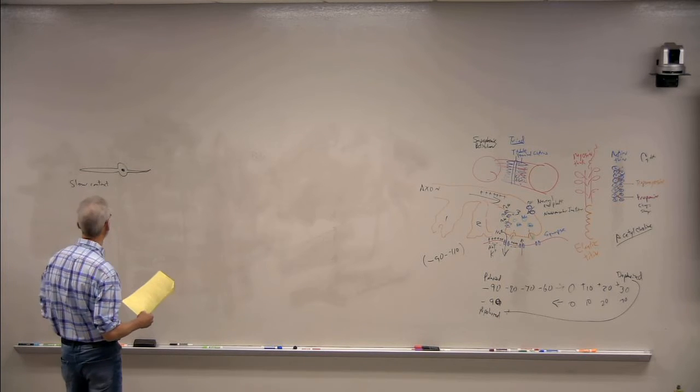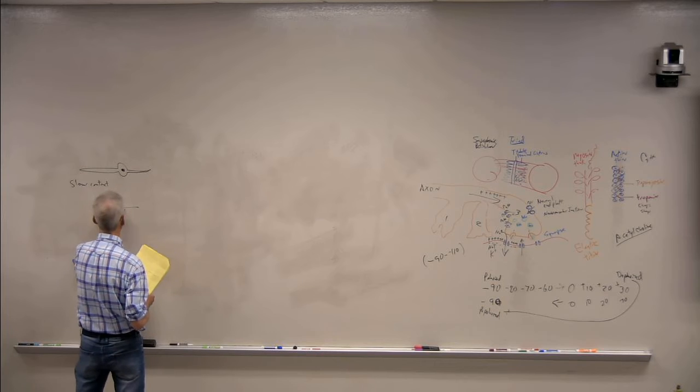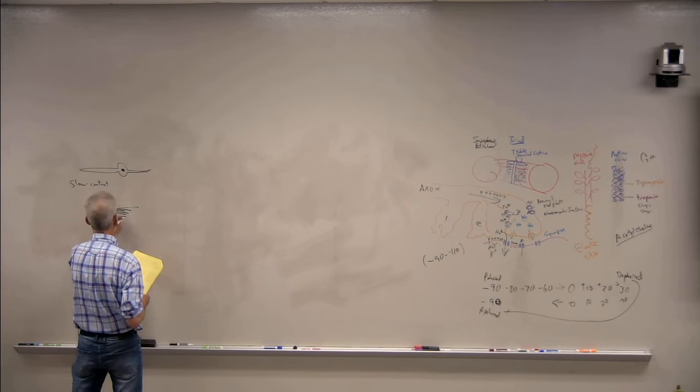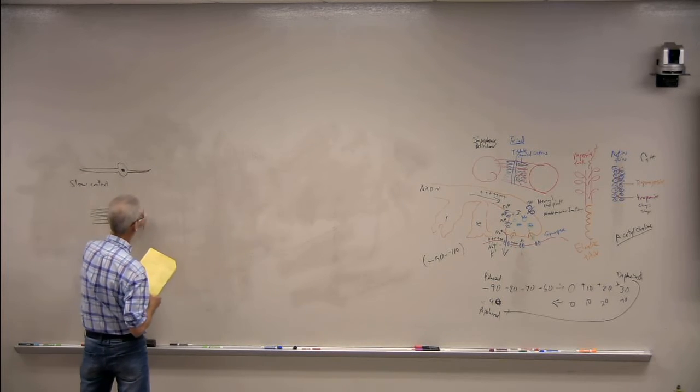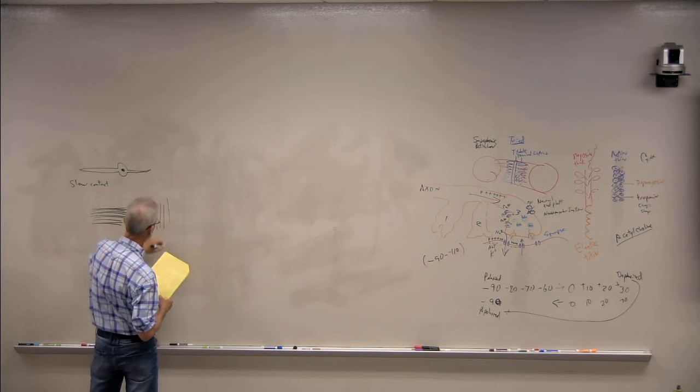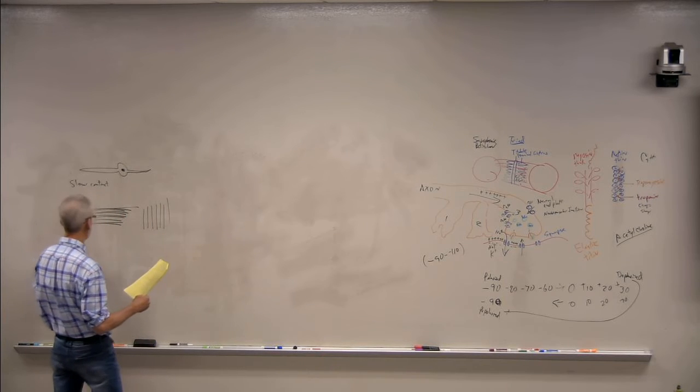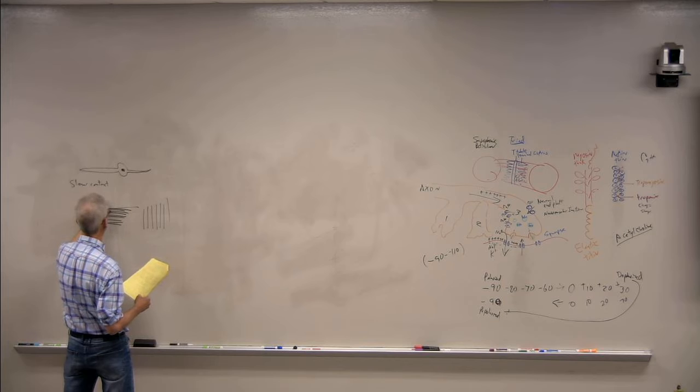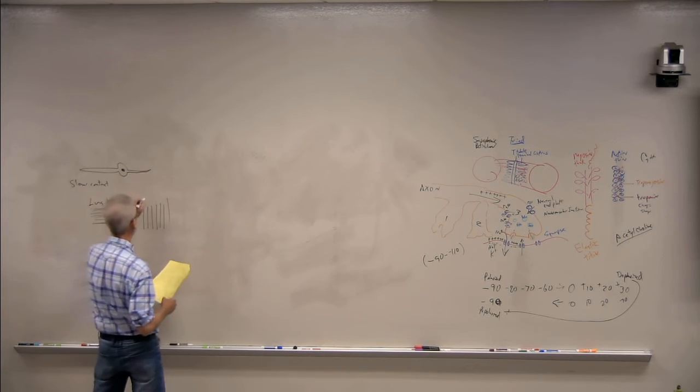Okay? Now, in our gut, we have smooth muscles that are oriented this way and smooth muscle oriented this way, right? Longitudinal, and circular.